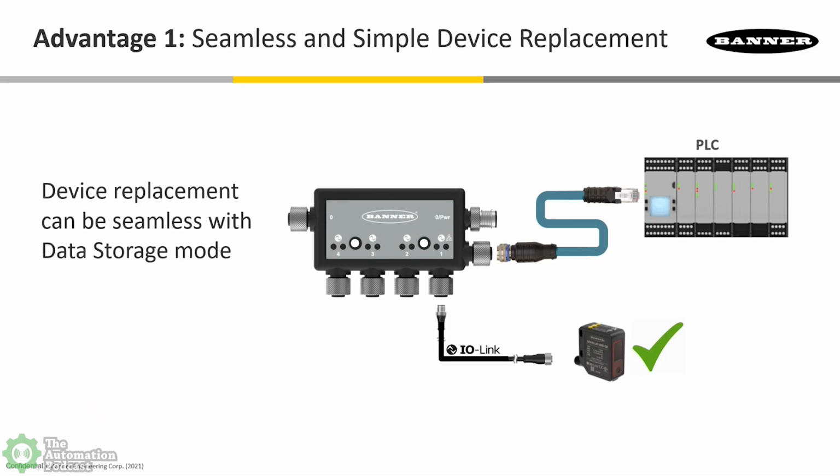There's this stigma against automatic device configuration or replacement, but with IO-Link it actually works, because these are simple devices. It's not like you have to worry about the series and rev and firmware and all the other things that kind of ruined it back in legacy networks like DeviceNet and other products. So that would be my message to people, because I think a lot of people avoid using it because they don't think it's going to work.